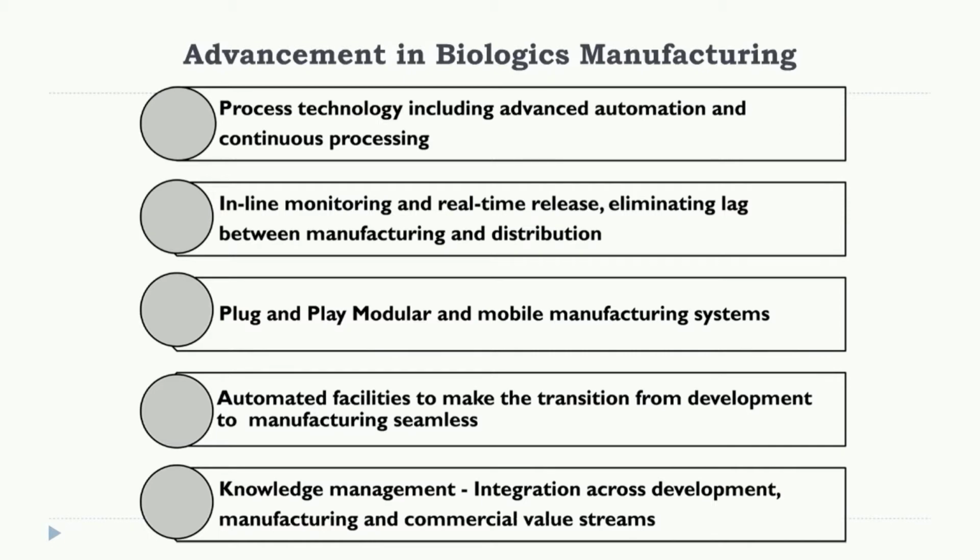Plug and play modular and mobile manufacturing systems. Automated facilities to make the transition from development to manufacturing seamless. And knowledge management, meaning the documentation and all the back data, which make integration across development, manufacturing, and commercial value streams.